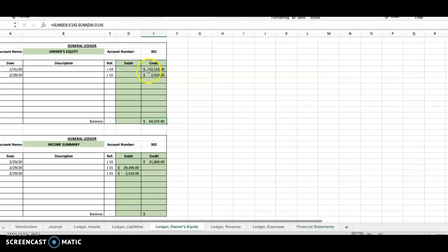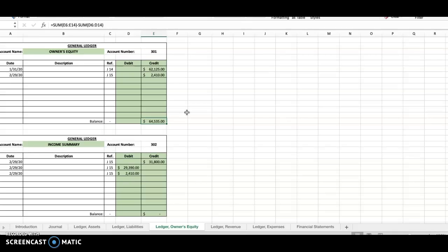So in our owner's equity account, we started at the end of January with a credit balance of $62,125. That was the value. Now we've made some income during the month of February, and by following generally accepted accounting principles, by going through our journal and our ledger, we have closed those expense accounts, we've closed the revenue account, and the net income that we've shown on our income statement of 2410 is credited in the end to owner's equity, which increases the value of owner's equity.